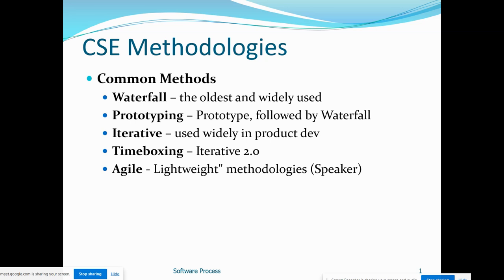For the rest of the methods in usage, for example in research labs, prototyping and iterative are the methodologies people follow, because inventions and research have a goal, a point to reach.